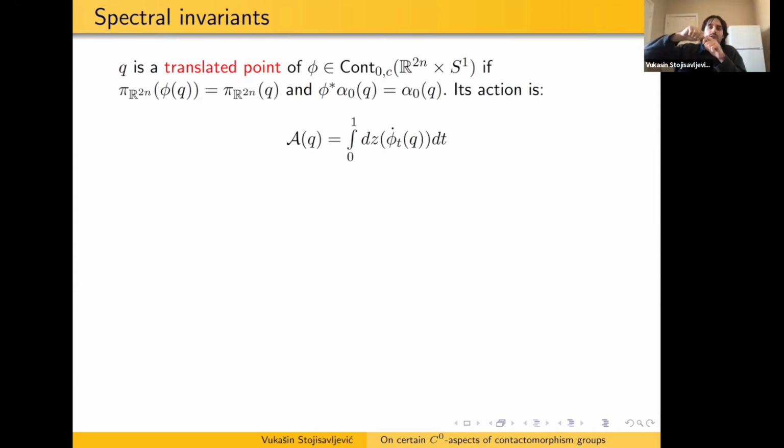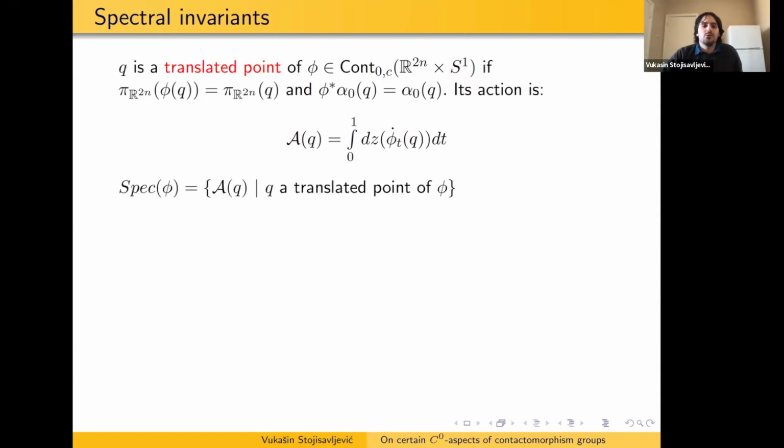So if you would project all the time to S1 and just see the rotation in this direction, this is the action of a translated point. In general, the action is the length of the Reeb chord which connects the two points, but here it can be written just like that.